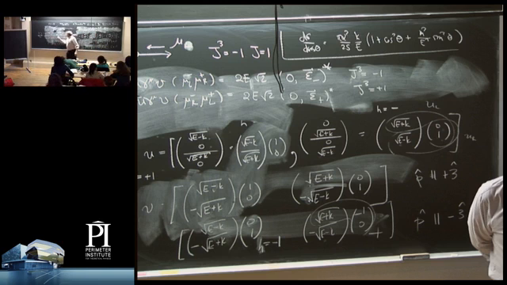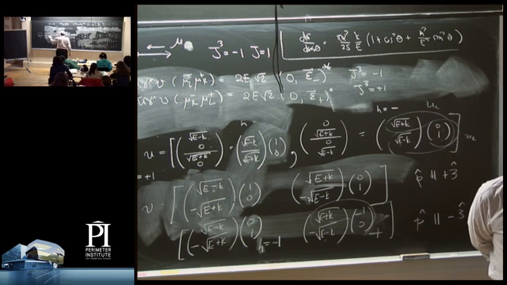Now I need diagonal matrices to make that bridge. So I'm going to get, in this line, E minus K times E plus K is E squared minus K squared, the square root.